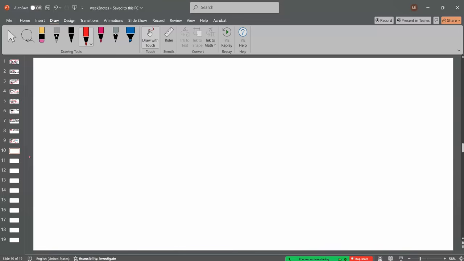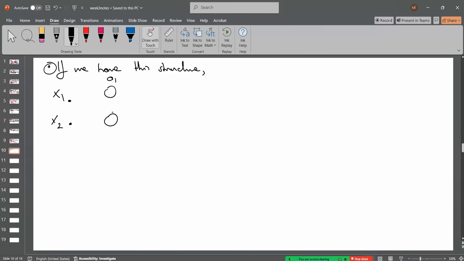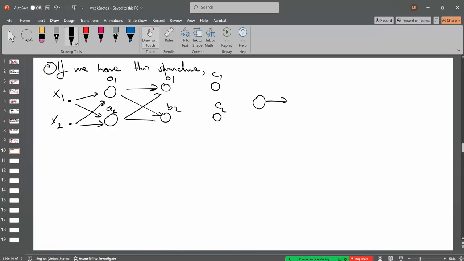If there's no question, then if we have this structure, we have x1 and x2, and two neurons, a1 and a2, b1, b2, and also c1, c2, and we have the output value in here. If we have two neurons, we have two connections at each layer.